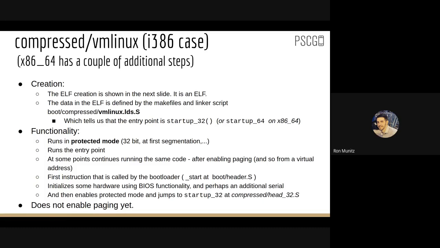So we don't turn on the MMU and take care of paging. And for x86, it doesn't mean yet that we have paging enabled. We did not set the corresponding bit in the corresponding control register yet. But it is another mode that is not real mode, and it runs in 32-bit.